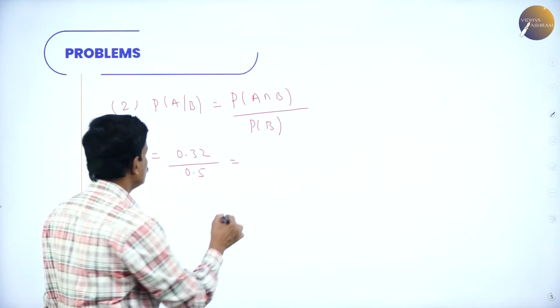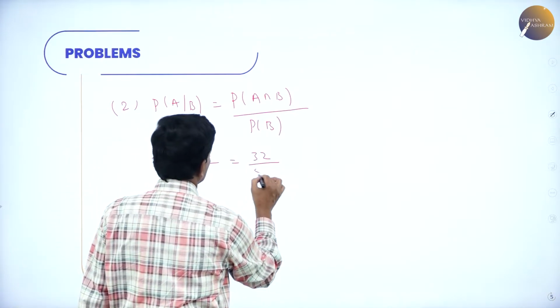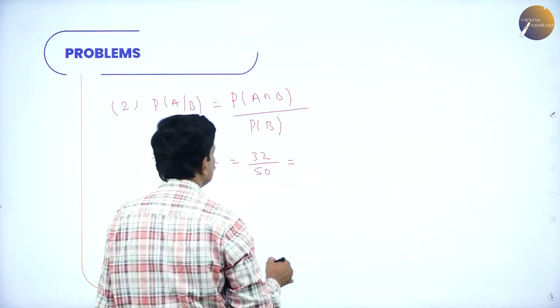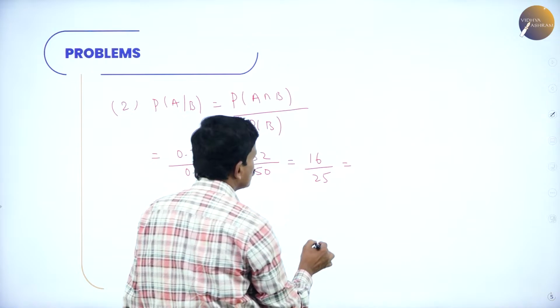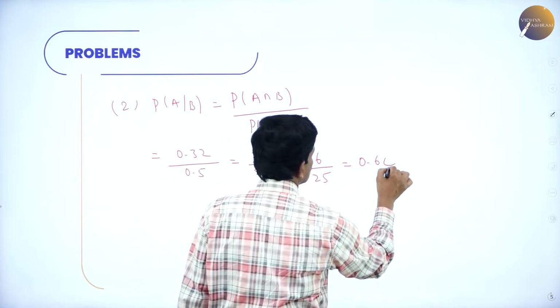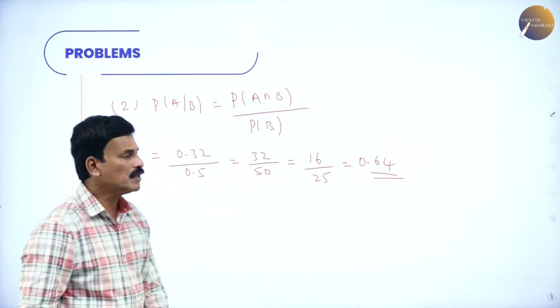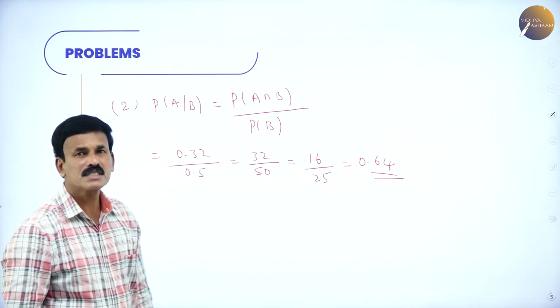So what is this equal to? This can be 32 divided by 50. That's equal to 16 divided by 25. This is also equal to 0.64. The probability of this is 0.64.